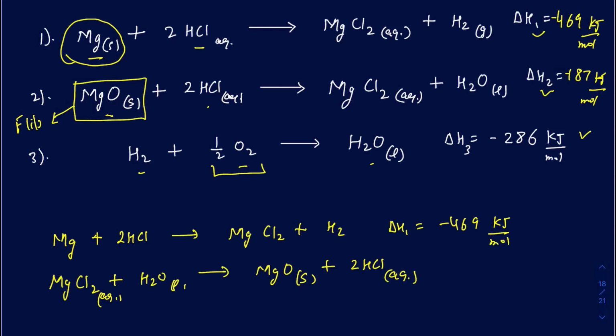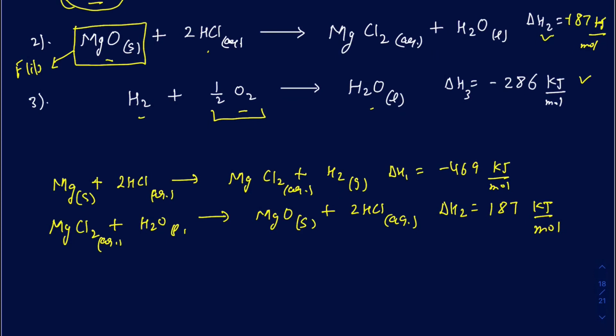If I'm going to go back and write down all these phases, okay, then the delta H2 now, what's going to happen here? It's going to get flipped. It's not going to be minus 187, but instead it's going to be 187.